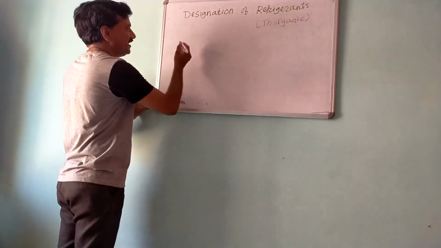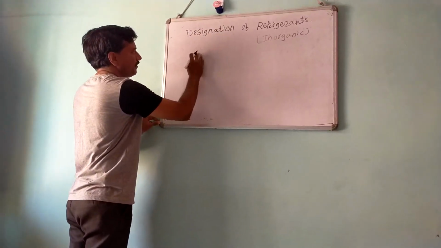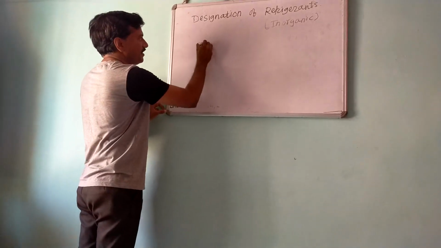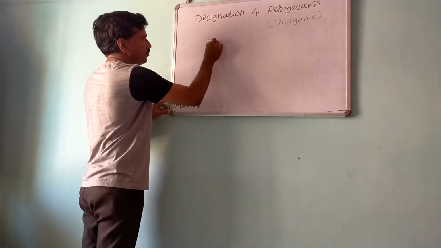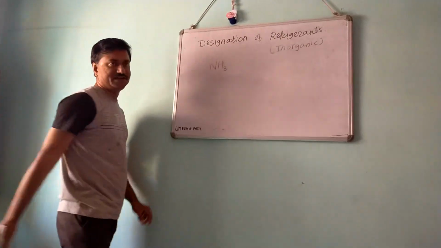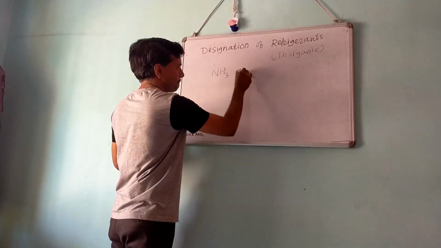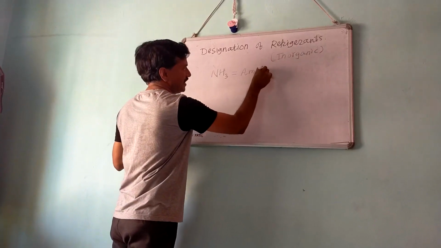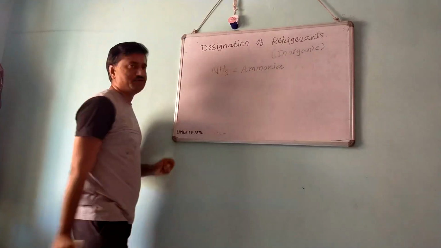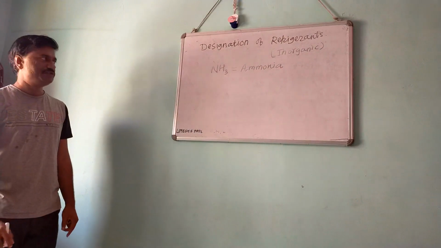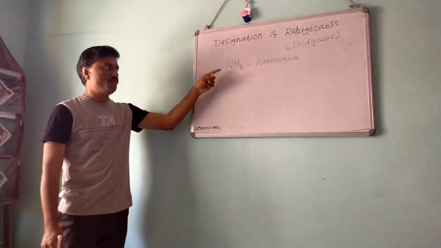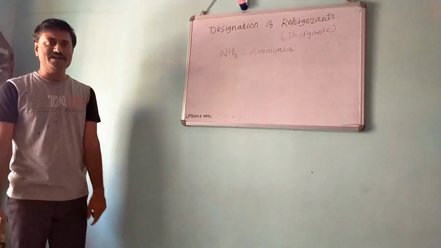Let's take an example of one inorganic refrigerant, and the most commonly used inorganic refrigerant is ammonia, NH3, which is most commonly used in industrial applications. So ammonia is one of the important inorganic refrigerants.